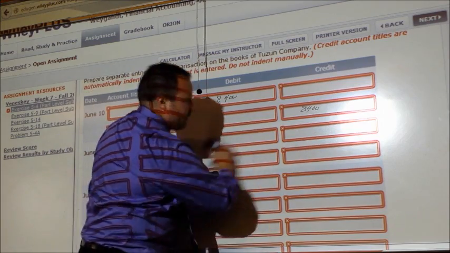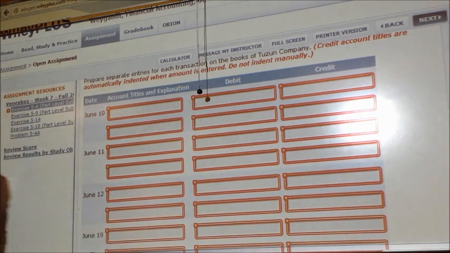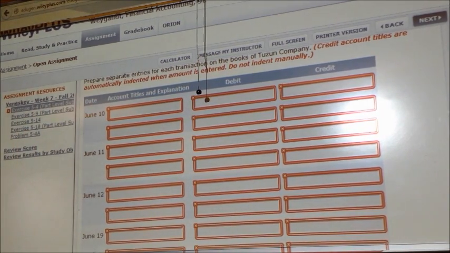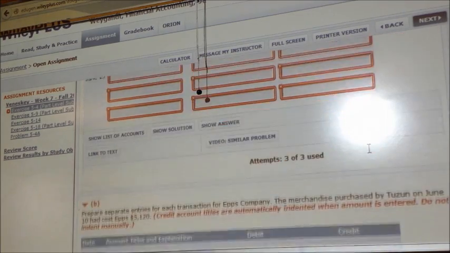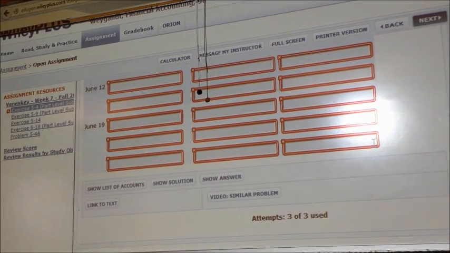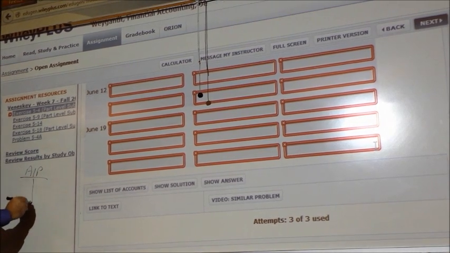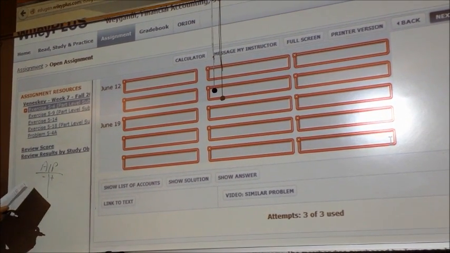Now, the last one on the 19th, when payment's made, I probably want to be keeping a T account off to the side that shows how much that I owe.